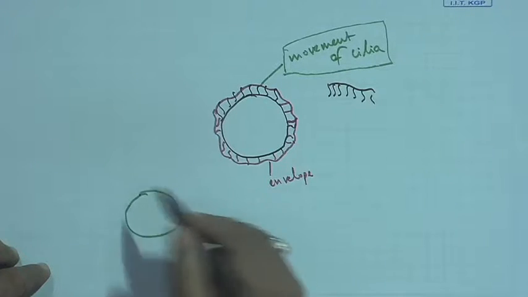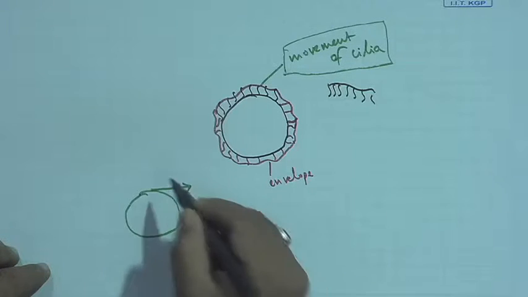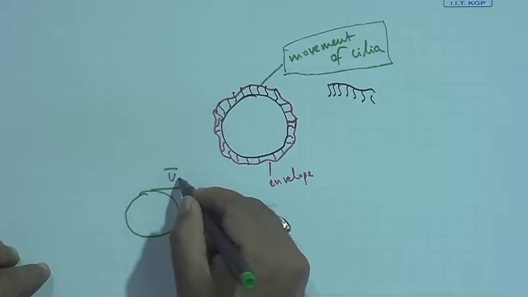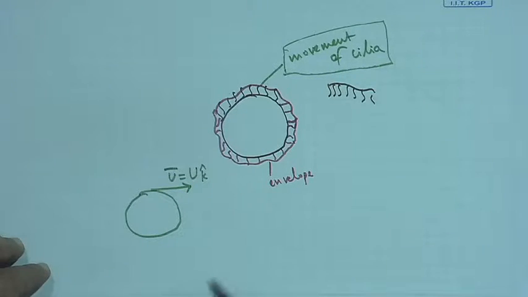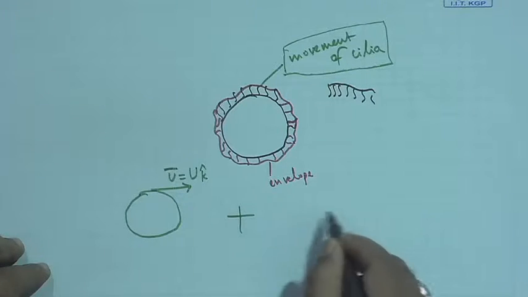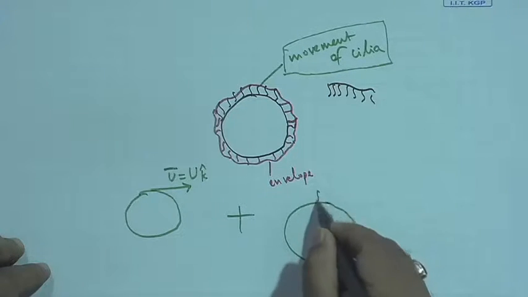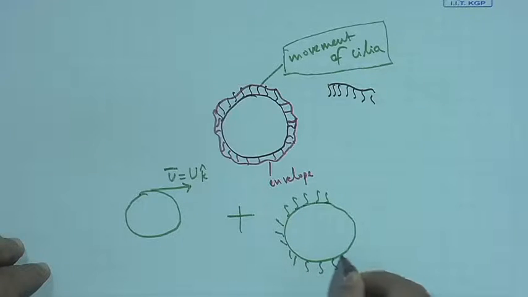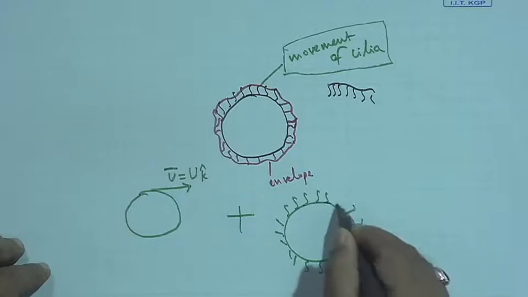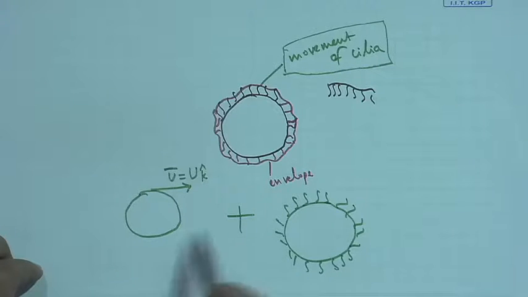you take a spherical particle moving with, say, uniform velocity along z. Okay. So, this is plus a squirming, that is due to the tangential surface activity. Okay.